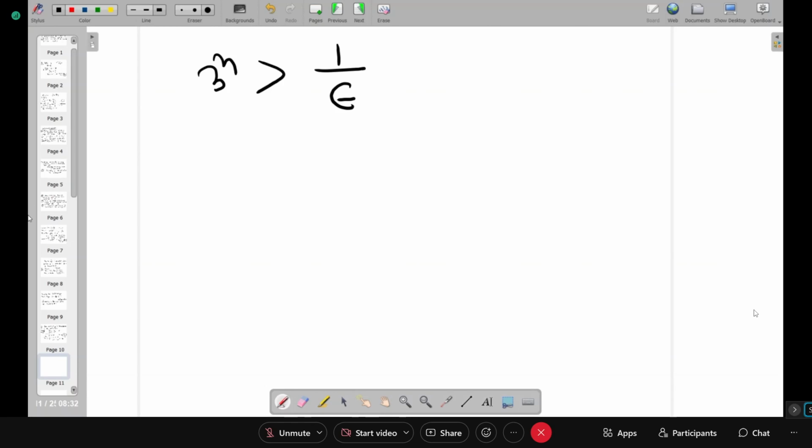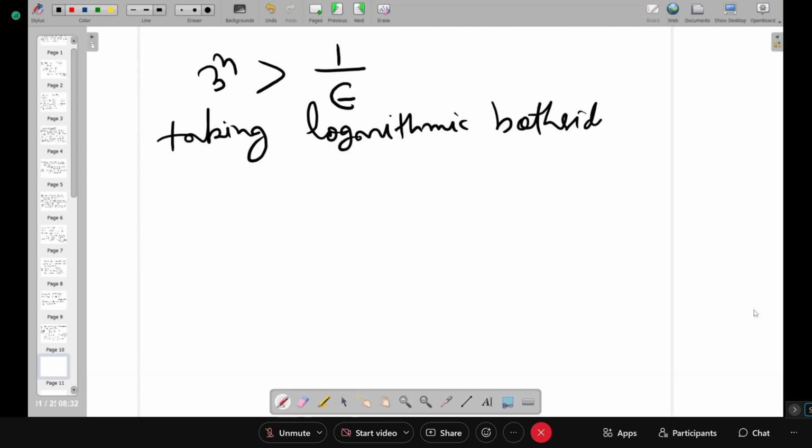Now, because here you have to find out the value of m, you can take log, taking logarithm on both the sides. So what you have is n ln 3 greater than ln of 1 upon epsilon.